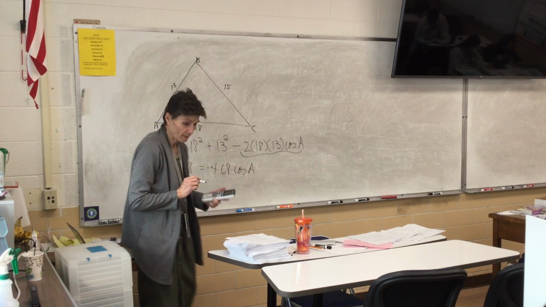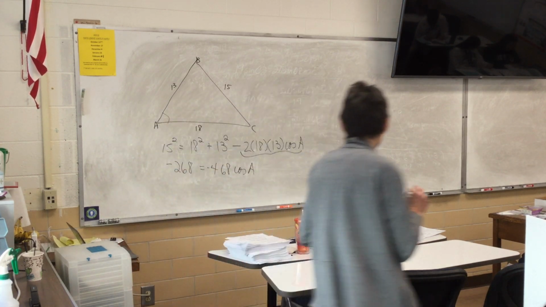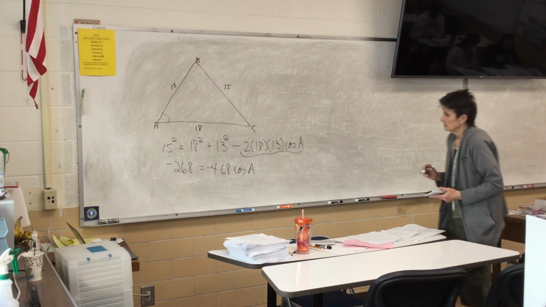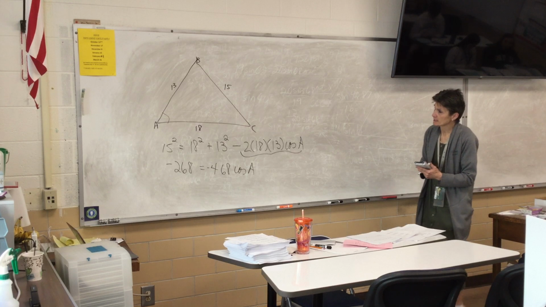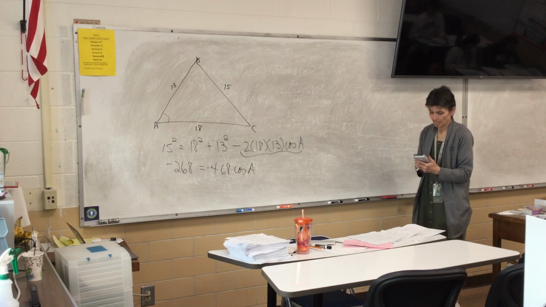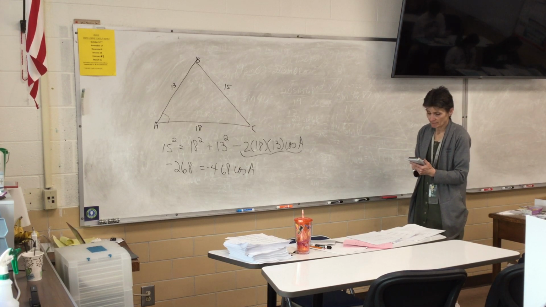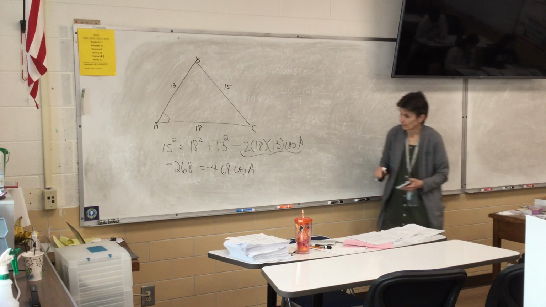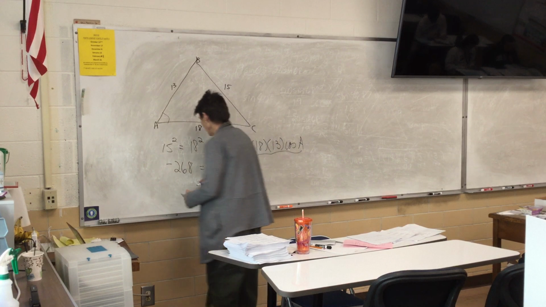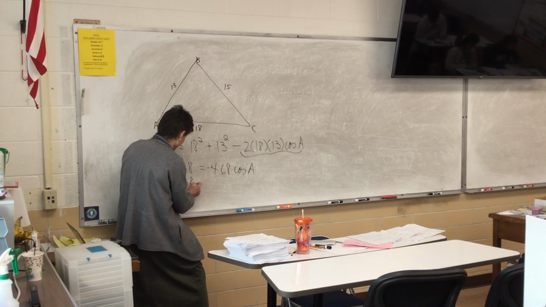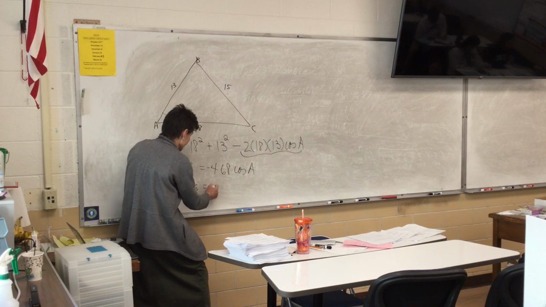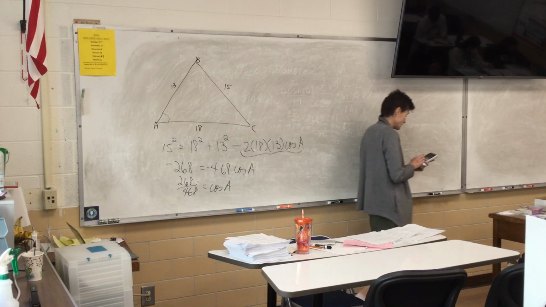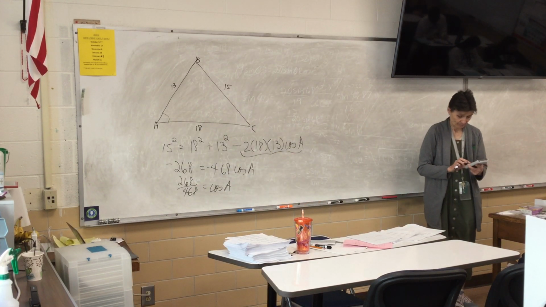All right, so double check my work there. What do you think? Did I do okay there? 15 squared minus 18 squared minus 13 squared, okay. And then 2 times 18 times 13, yeah. Is that all right with everybody so far? So then what do we need to do? Divide, so we have 268 over 468 equals cosine A. And then how do I type that into my calculator?